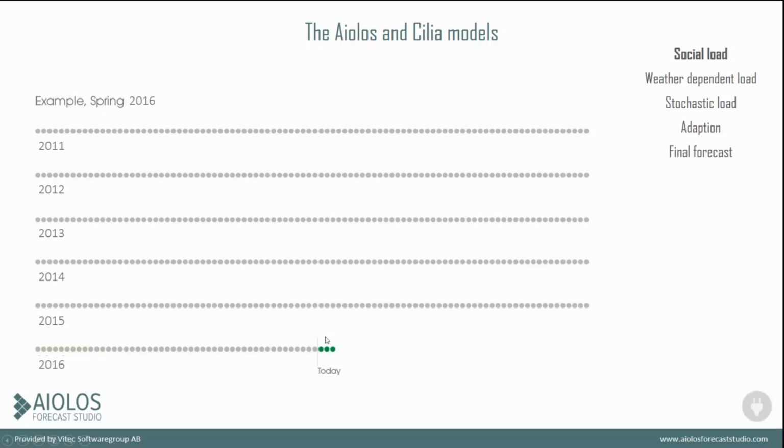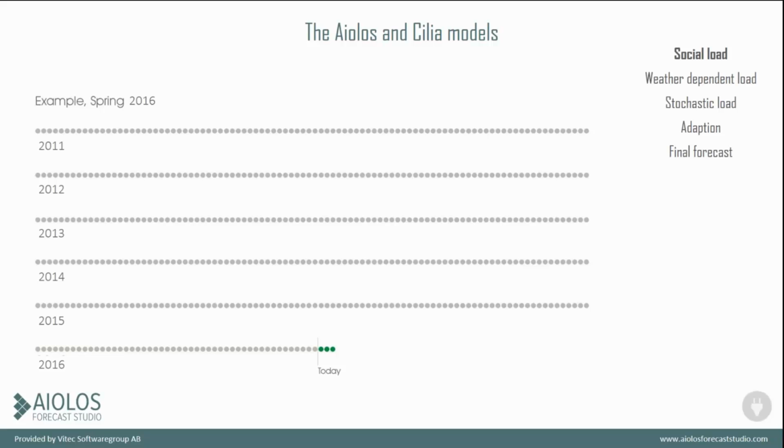If we have history for several years backwards, for 2011, 12, 13, 14, 15 up to 16, then we have this historical data, but we have to know what it represents. So the first thing we want to do is to define our day types.